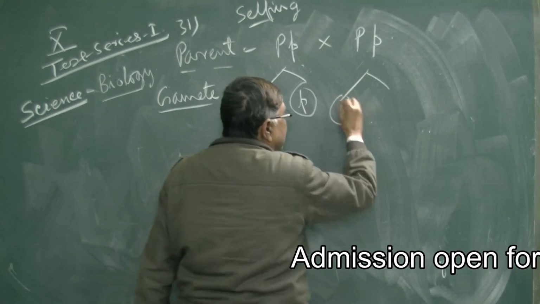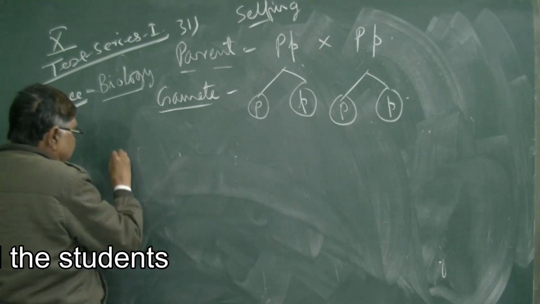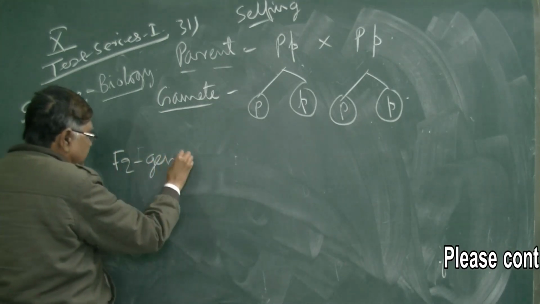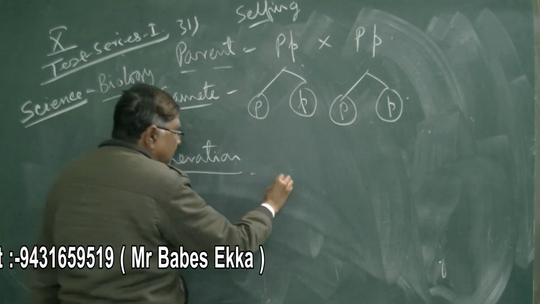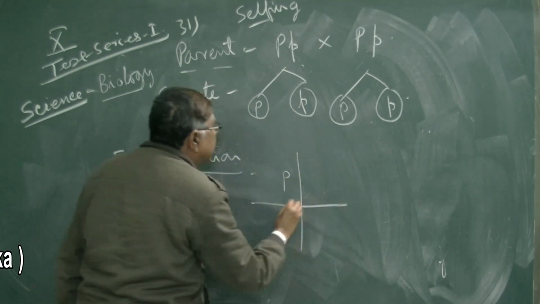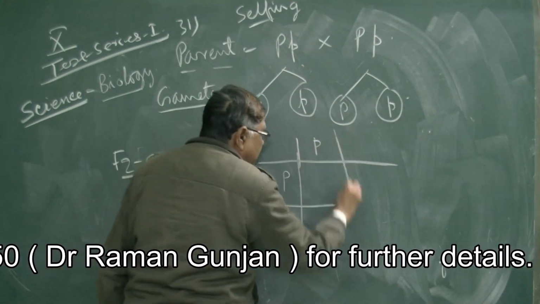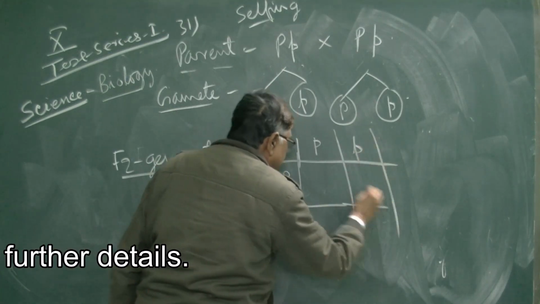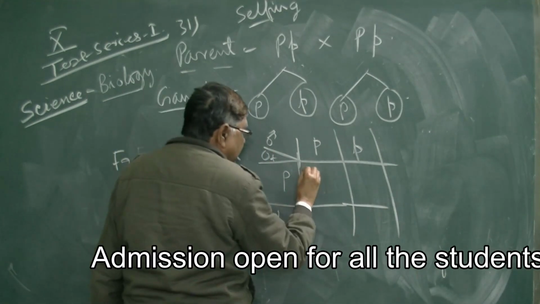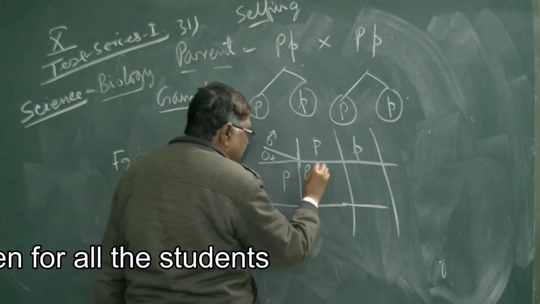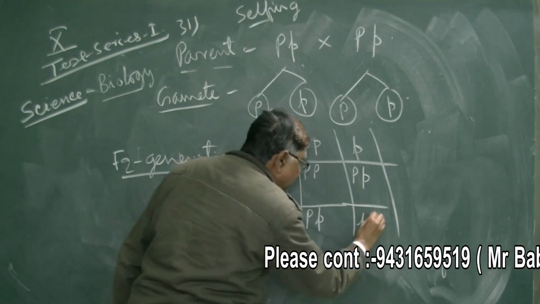Now we will obtain the F2 generation. On one side capital P, small p, another side also capital P, small p. Male, female: capital P capital P, capital P small p, capital P small p, small p small p.